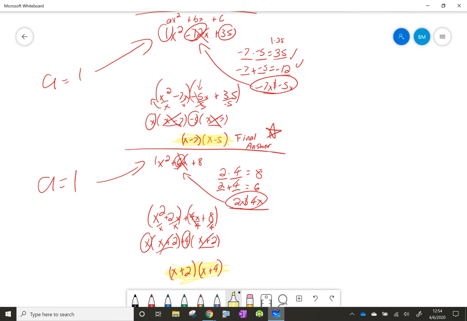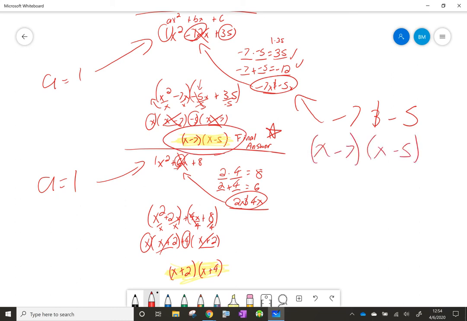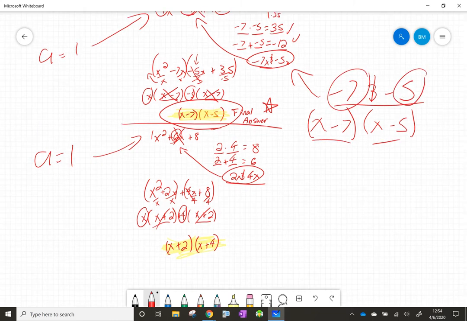Let me go back. Notice, in the puzzle here, our numbers were negative 7 and negative 5. And what did we have in our answer? We had x minus 7 and x minus 5. Interesting coincidence that those two numbers happen to be the same in our answer, right?